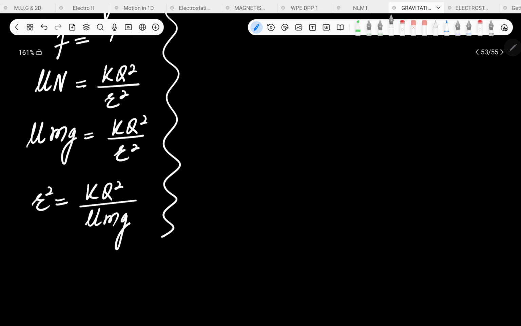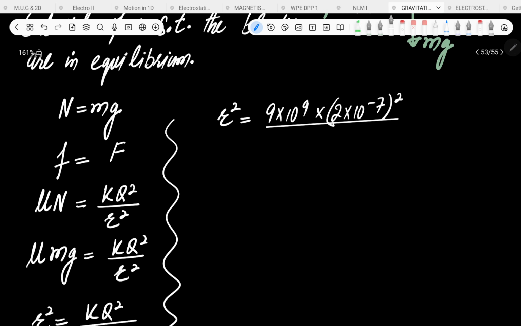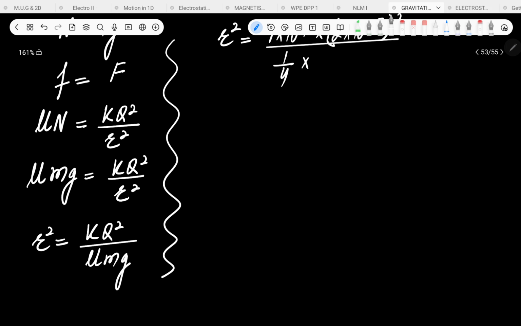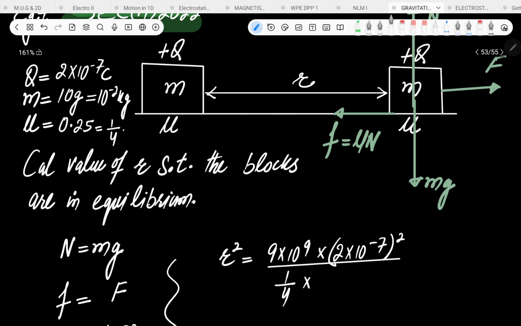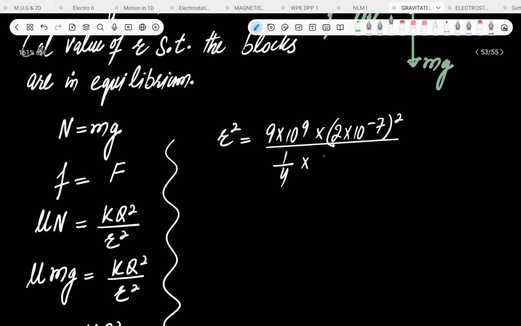Divided by, so what is in the denominator? Mu. Mu is 1/4, given to you again, multiplied by m. The mass of this block is given: 10 to the power minus 2. Acceleration due to gravity, let's take it as 10, for mathematical convenience.